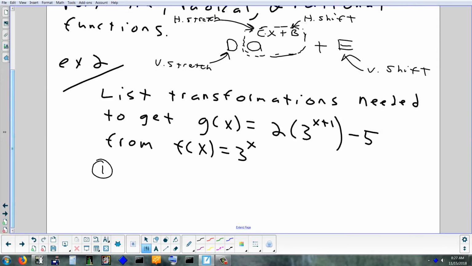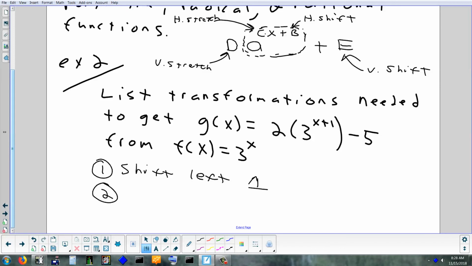So we'll start with the plus 1. What would the plus 1 do? It would shift left, yes. So shift left 1. Second transformation, all right?